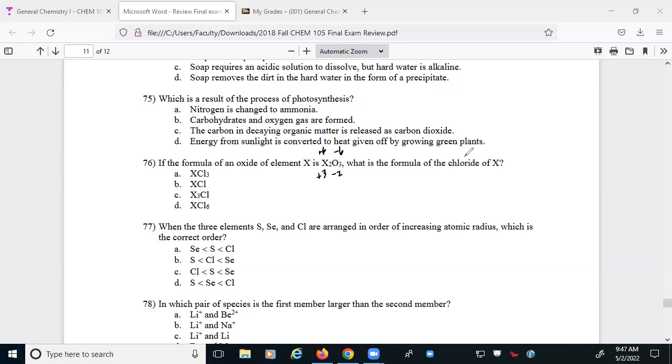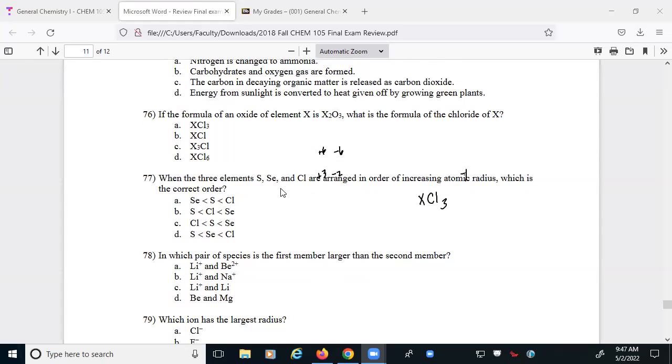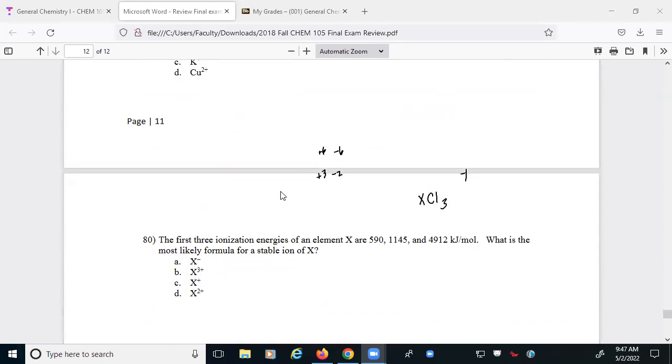So if X is +3 and chloride is a halogen and it's -1, XCl3 has to be the formula of it, because X has to be +3 and the chloride's going to be -1. And then the remainder of these ones here are just periodic trends.